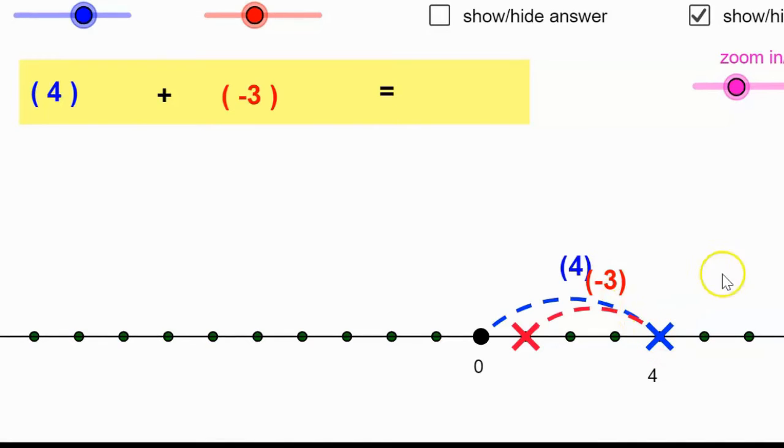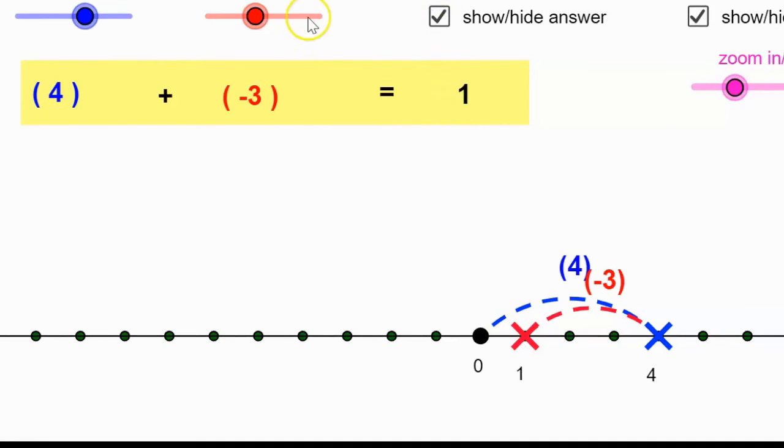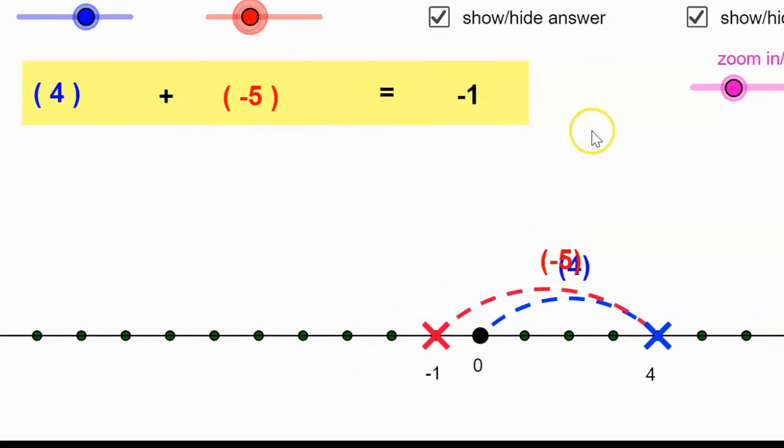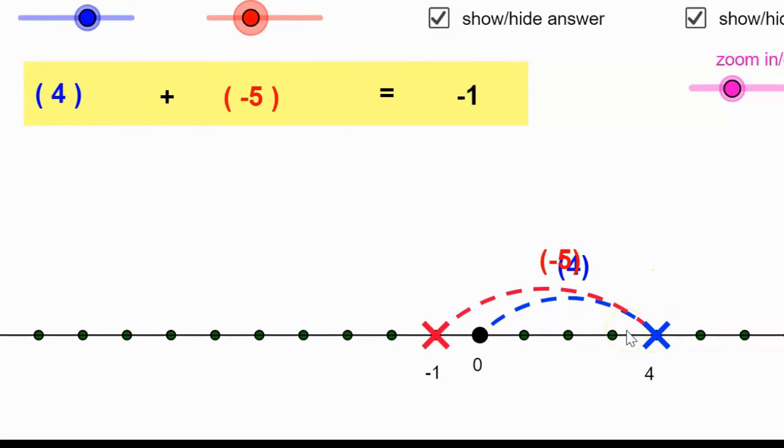So instead of going forward, we're going to jump back 1, 2, 3 points, and we end up at a positive 1. And if we had a greater number, let's take negative 5. We started at 4, and then it said to add a negative number. Because it's a negative, we must go back 1, 2, 3, 4, 5. So now we are at negative 1.